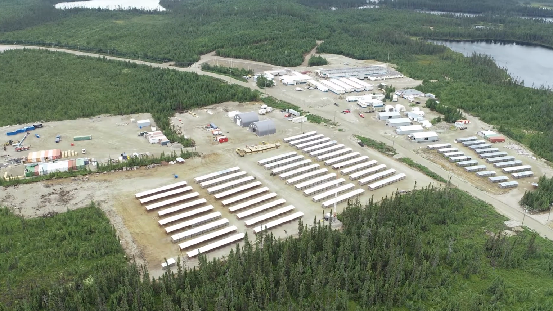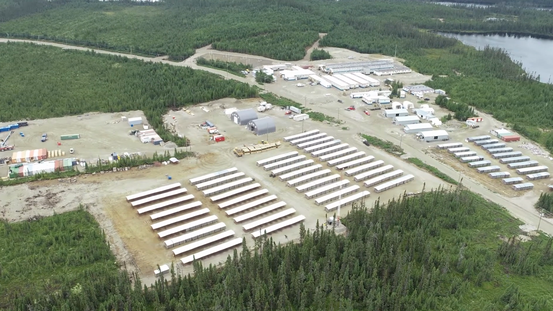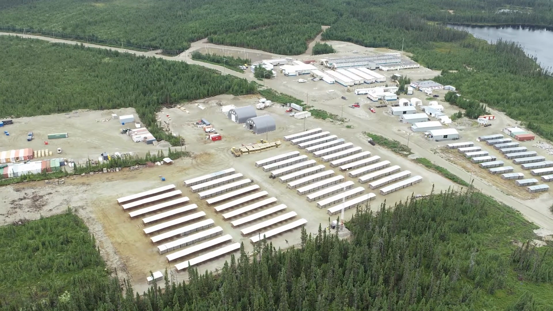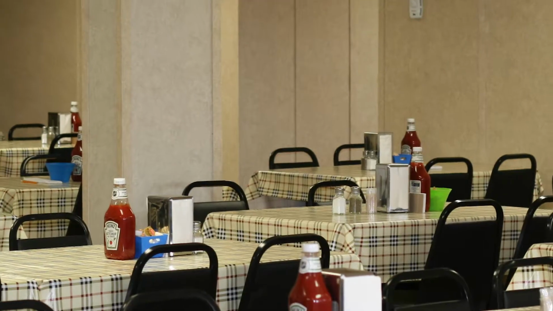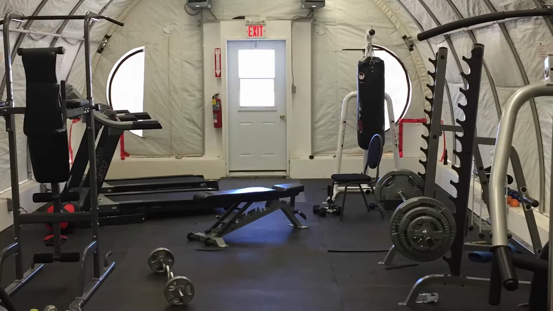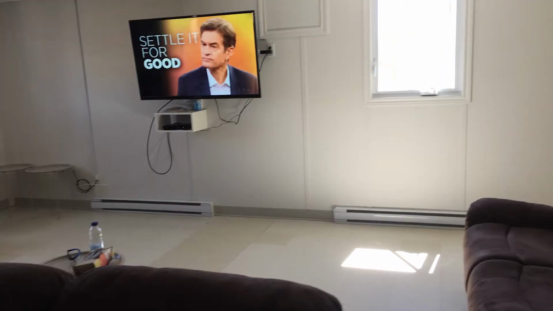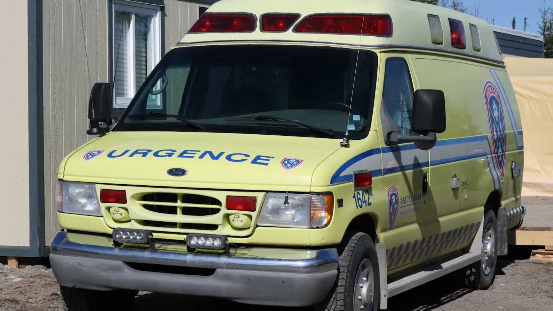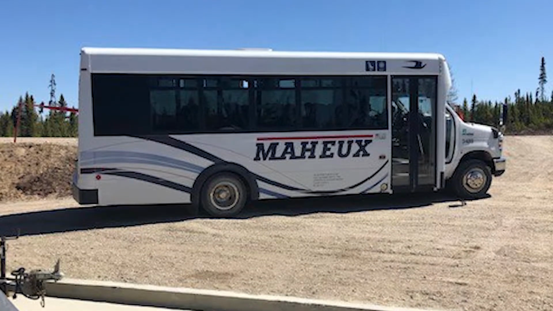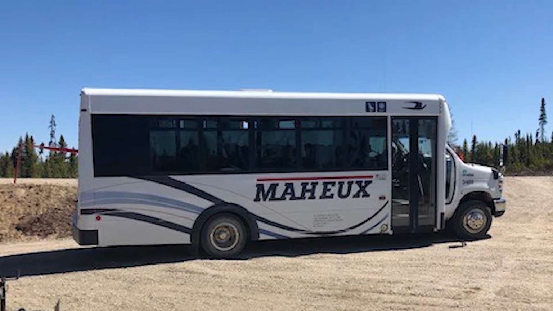At the Windfall camp, the workers benefit from several services provided by Osisko Mining, such as the cafeteria, a training room, a TV room, wireless internet access, and an infirmary. Transportation to and from the Windfall site is also provided by Osisko.